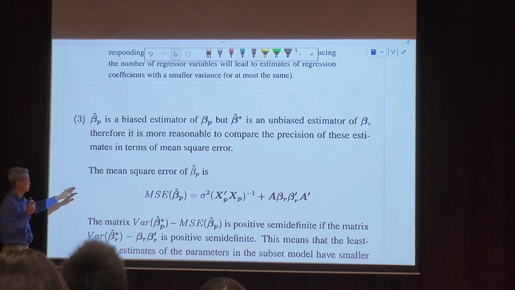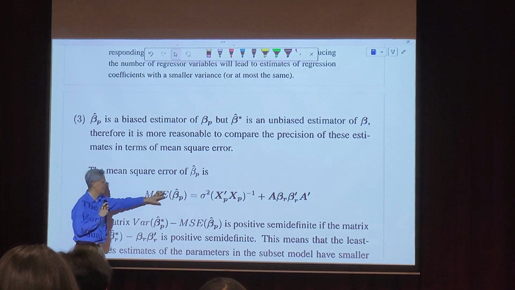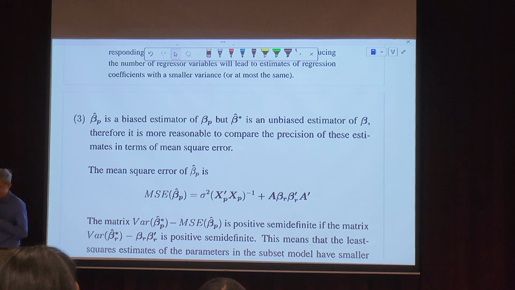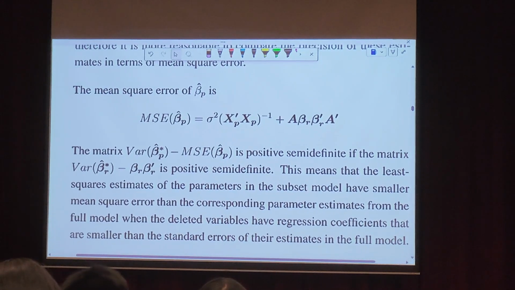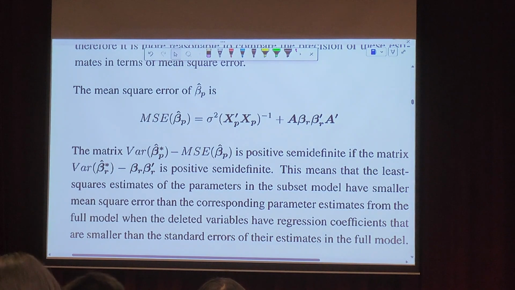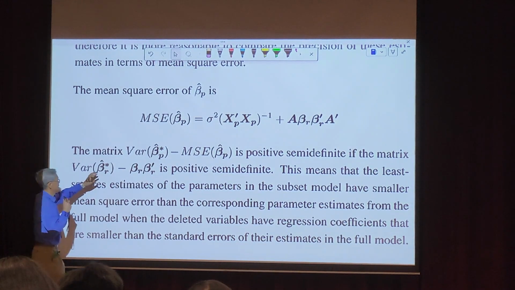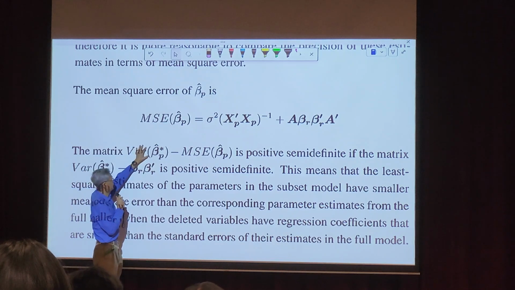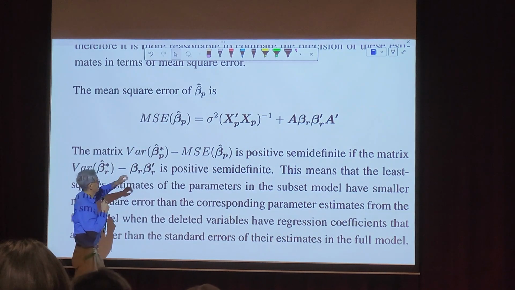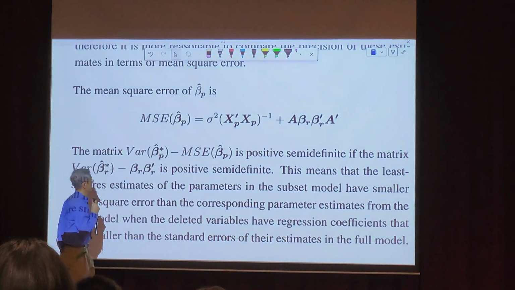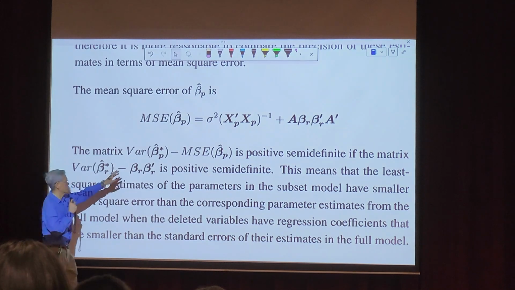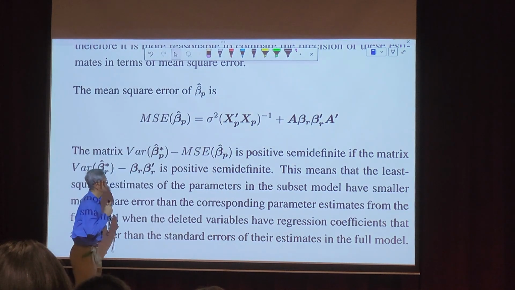So it makes more sense to compare mean square error, which can be shown to be this. This is the mean square error for the full model, for those parameters only. Because it is unbiased, the mean square error is the variance.